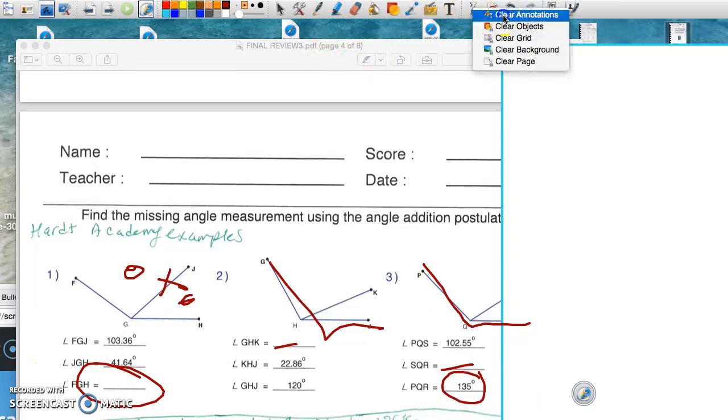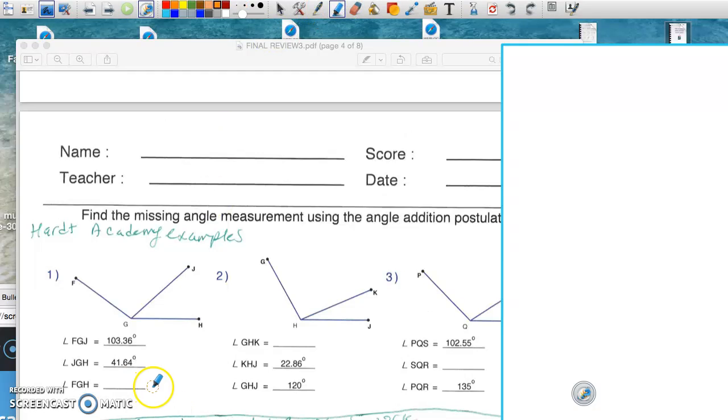So there's a pattern. Let me show you that pattern again. If it gives you the bottom number, it's giving you the entire thing. So it's giving you this, plus this. So you would add. If it's missing the top, or if it's missing the middle, you need to subtract in order to get the number.